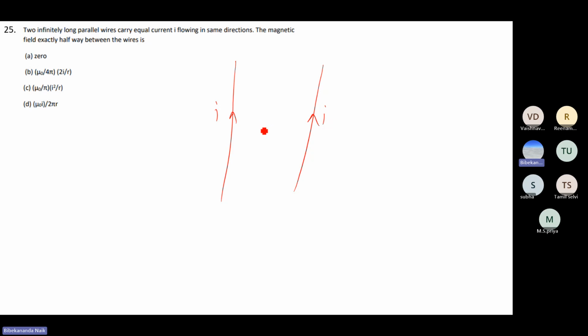Now we have already discussed that if they carry current in the same direction, the force will be attractive in nature. Suppose this is A and this is B. The force on B due to A will be in this direction, because this will attract this.